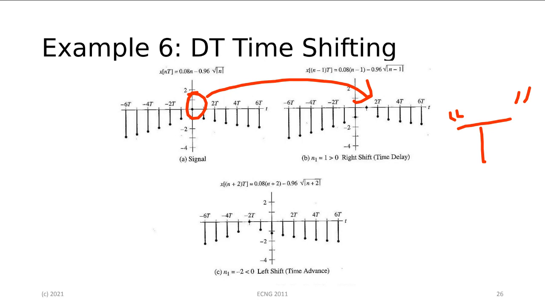T may be a second, it may be 2 seconds. In this one, it has been advanced. It's come before. So the advance here is minus 2t. All right? Fair enough? Everybody getting that?